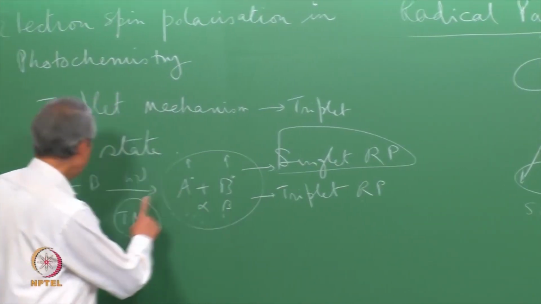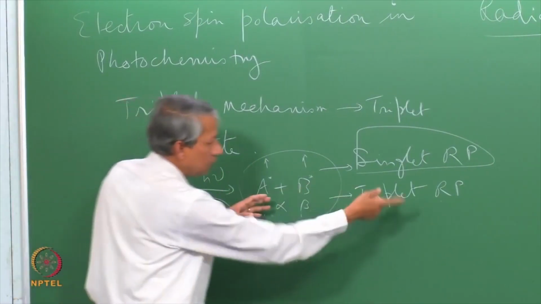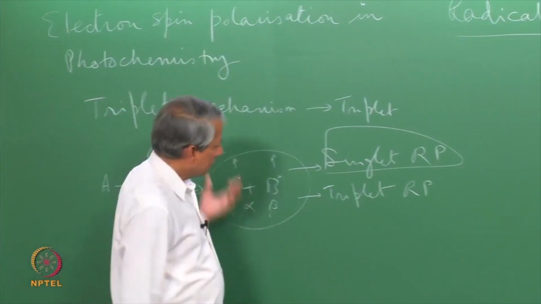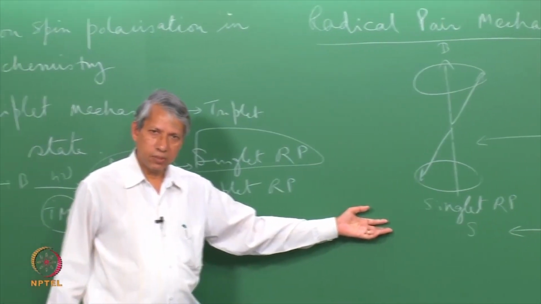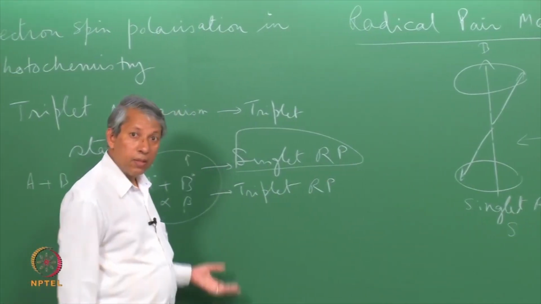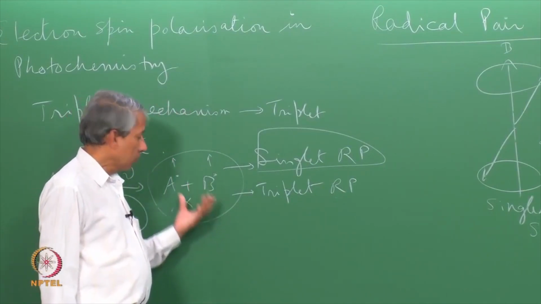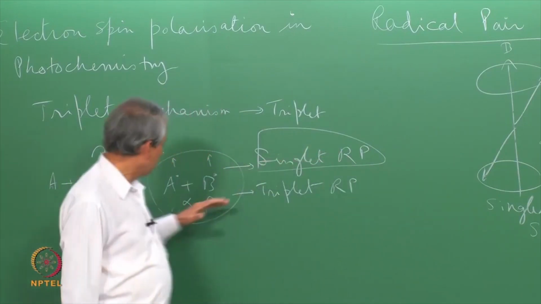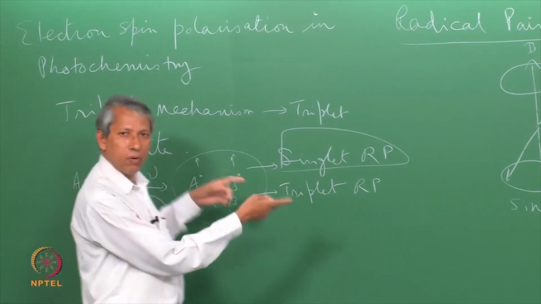So, the difference is again the way the precursor decides how the final fate is going to be. In one case, the one which is evolving to the singlet state will die if the reaction started from the triplet state. In the other case, for those starting from the singlet radical pair, whatever is evolving to the triplet state will survive, but in the other case, whatever is not evolving, they will survive.